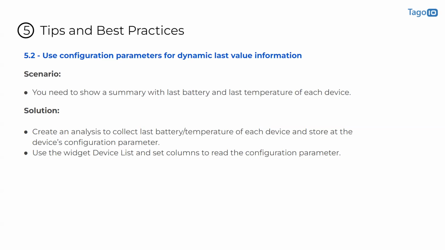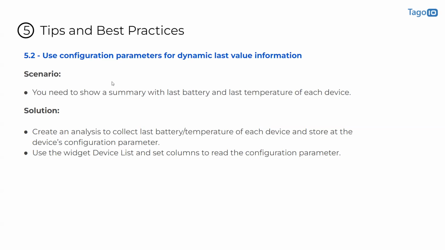And the configuration parameter is the best way you can show last values in these summaries. But you can also use it in very different ways in your actions, in your analysis, in a way to create alerts and check if your alert is sent or not.